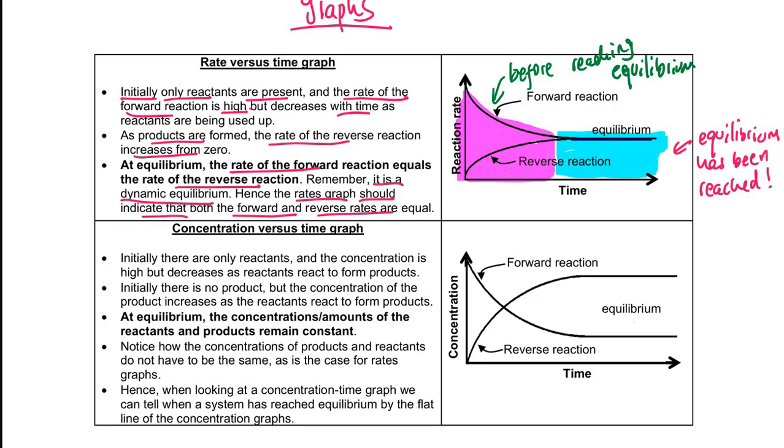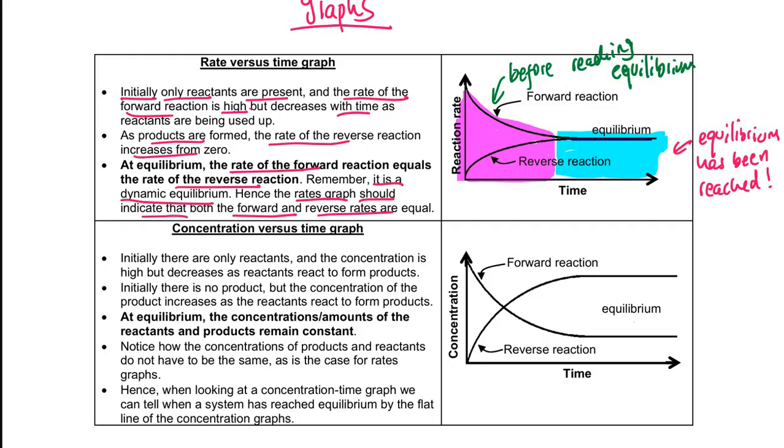That upsets the equilibrium, and it is going to favor the reaction that counteracts whatever disturbance is there. Once you disturb equilibrium, according to Le Chatelier's principle, the system will reinstate a new equilibrium.